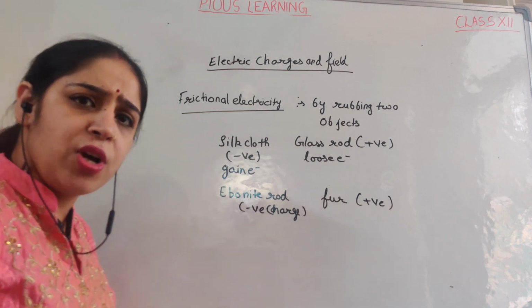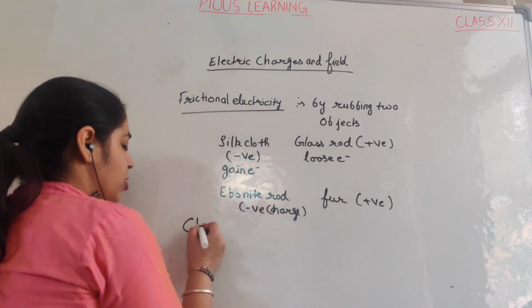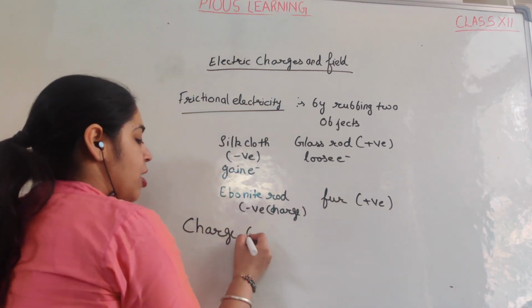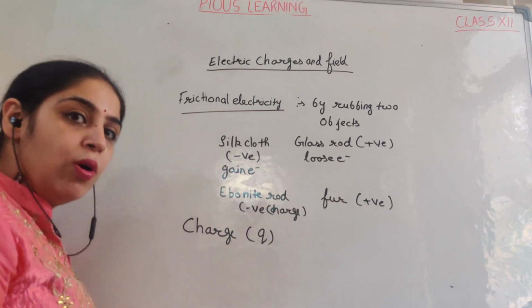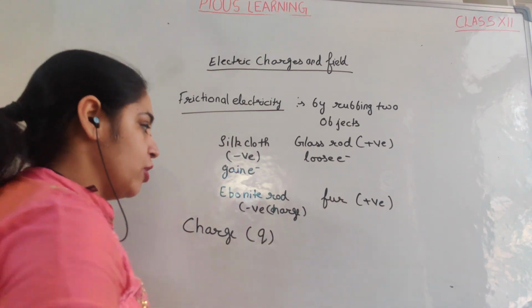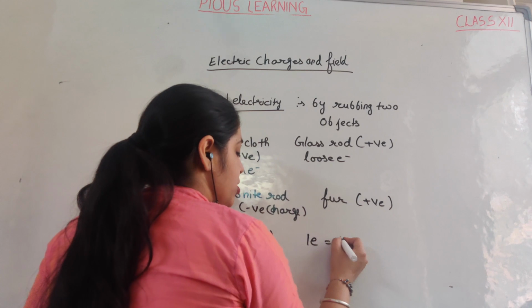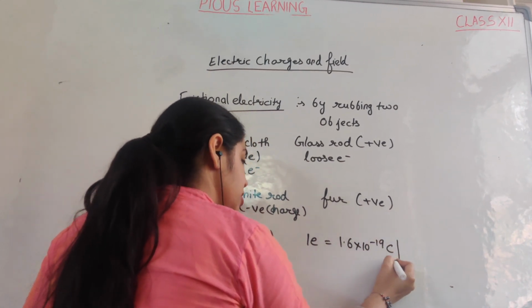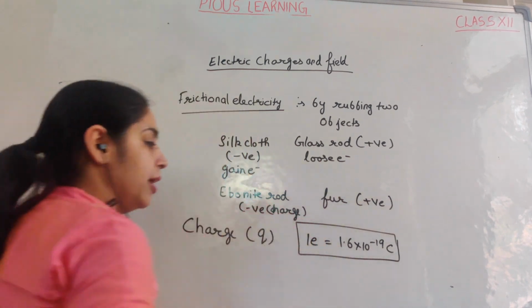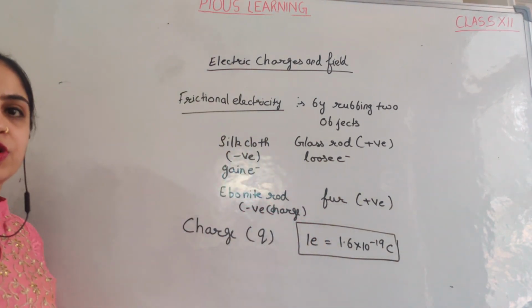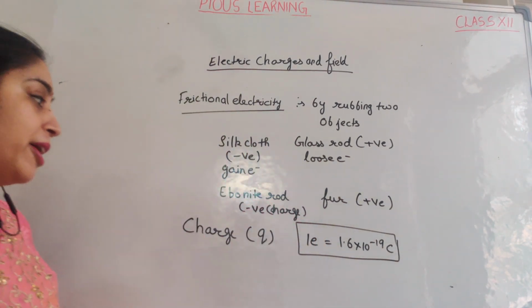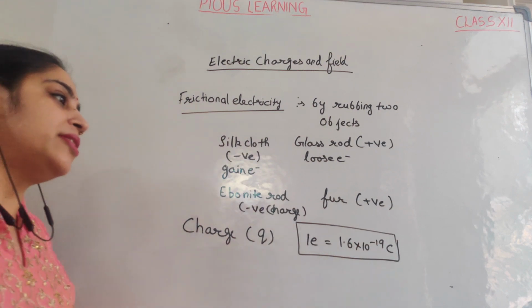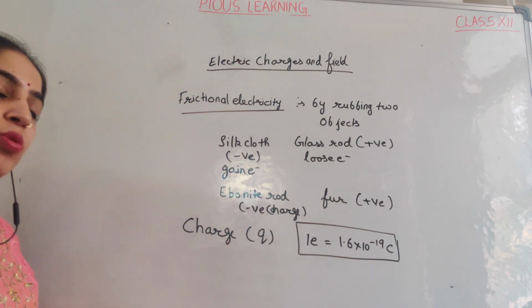You all know about charges. Quickly, let's talk about charge. Electric charge is represented by Q, and the charge on one electron is 1 e, which equals 1.6 into 10 to the power minus 19 coulomb, where C represents the unit, that is coulomb.